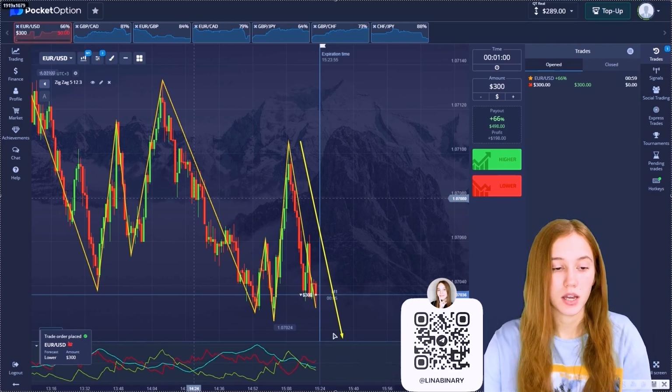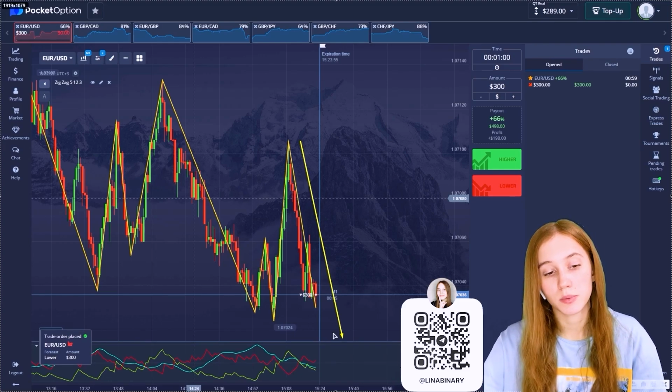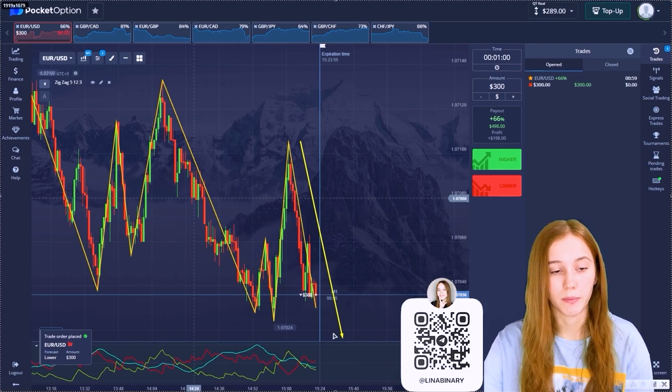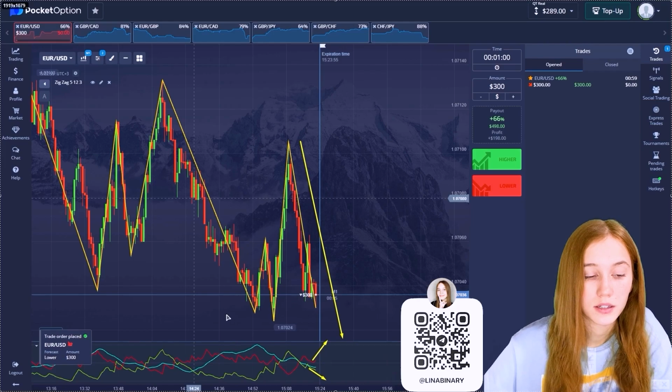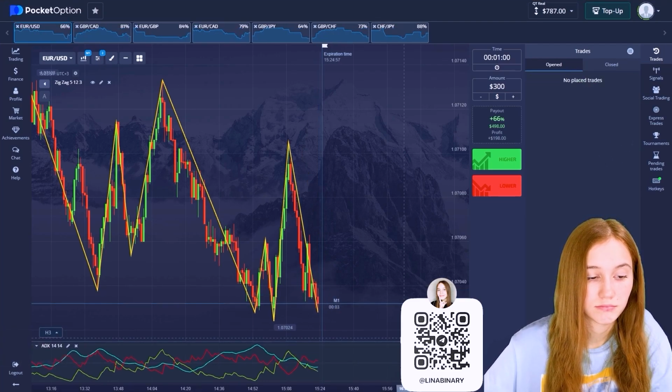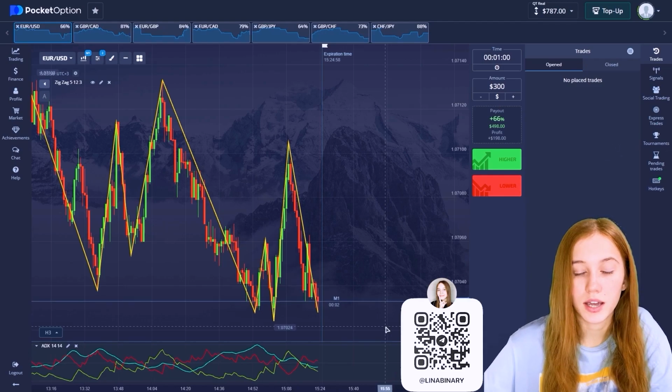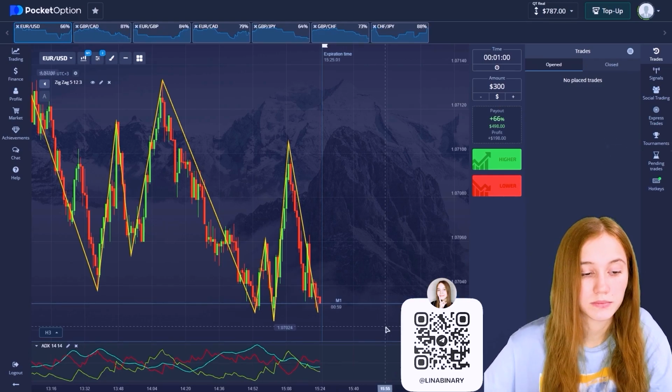Good. And by ADX, we also see a clear downward trend. This is important. And in our situation, the intensity drops, we see in the range. Yeah, excellent. The deal goes well.